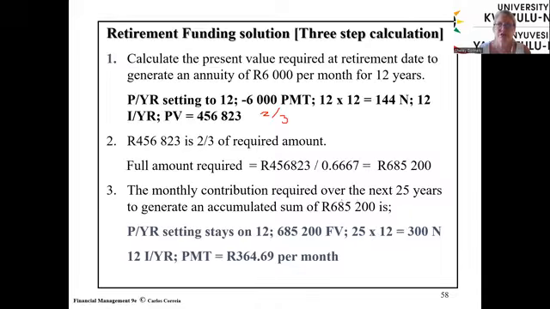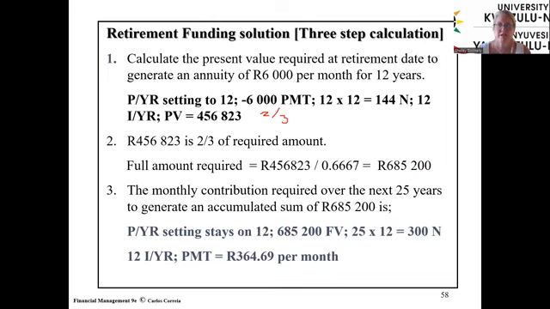So if she needs to have accumulated 685,200 by the time she retires, how much does she have to put aside every month for those 25 years such that that will be the future value? Okay.